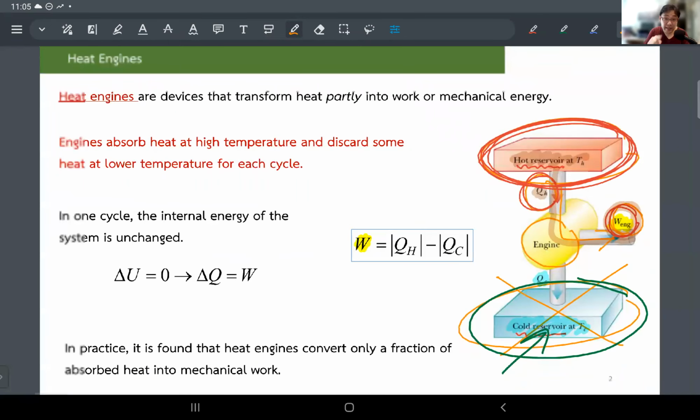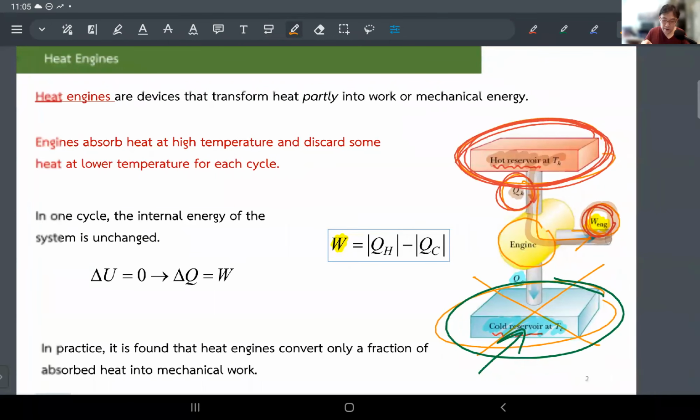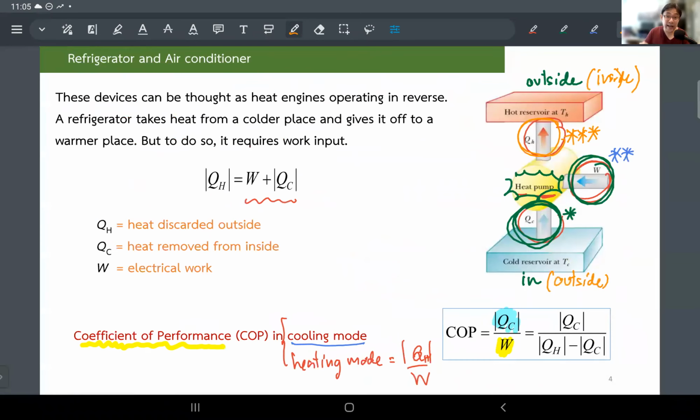But if things run in reverse, that's going to be exactly the heat pump. Because if the cycle goes counterclockwise, that means W is going to be negative. So it means you have to supply work to the system.